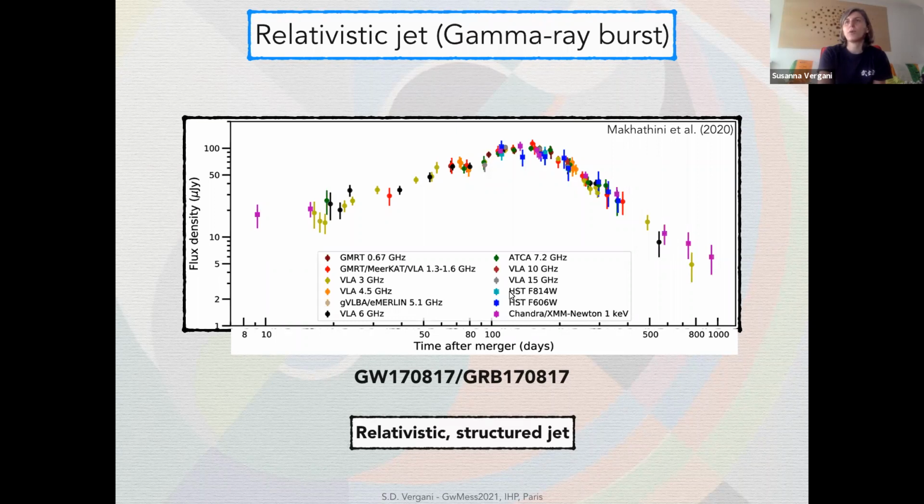You have optical points from HST, the Hubble Space Telescope, and you have radio points from all these other facilities listed here. These observations have been really fundamental for us who study gamma ray bursts, because they allowed us to study in detail the structure of the jet.